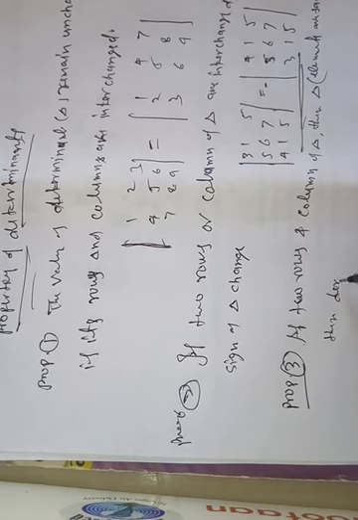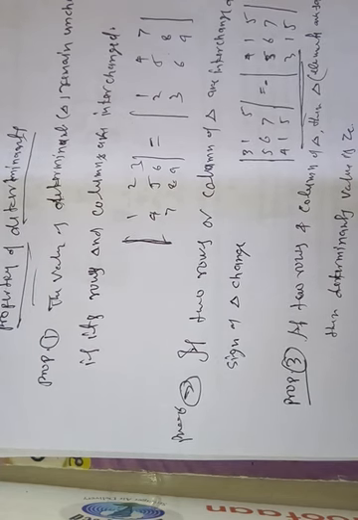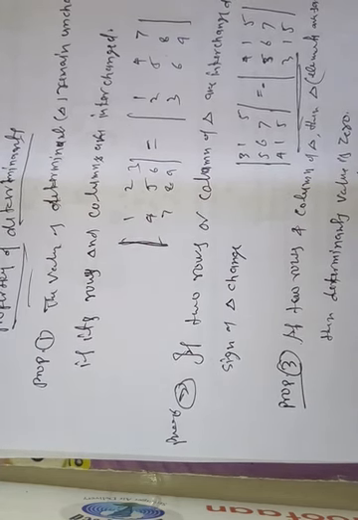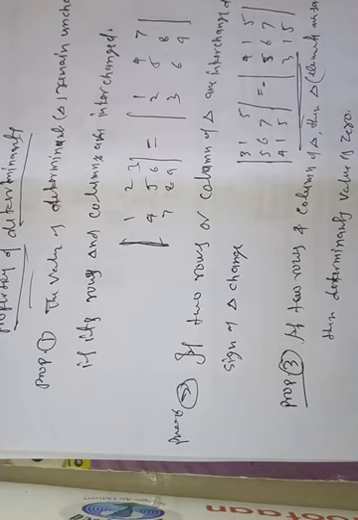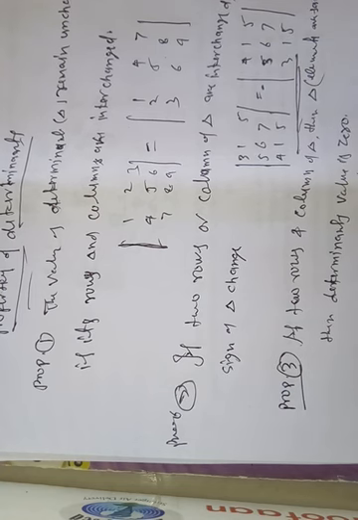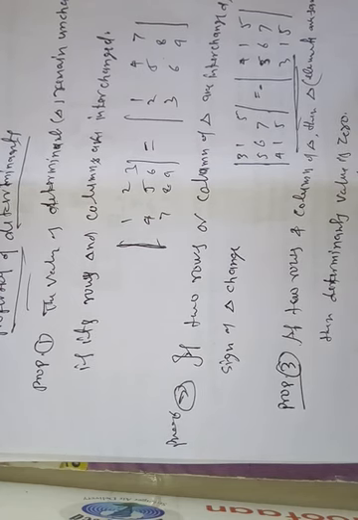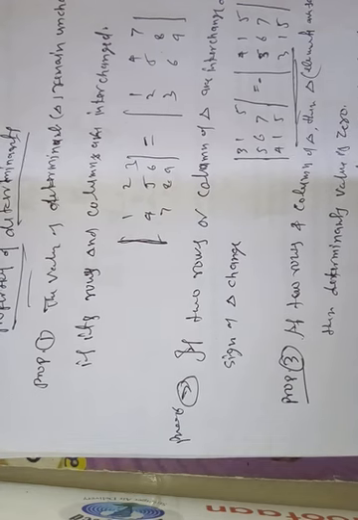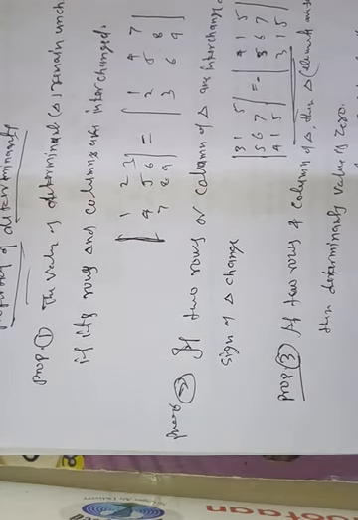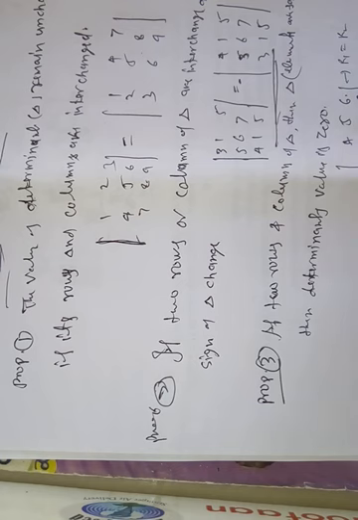For example, with rows 4 5 6 and 4 5 6, two rows are common, so r1 equals r2 and the determinant equals 0. If the elements of two rows or two columns are the same, then the determinant equals 0. This is the third property.